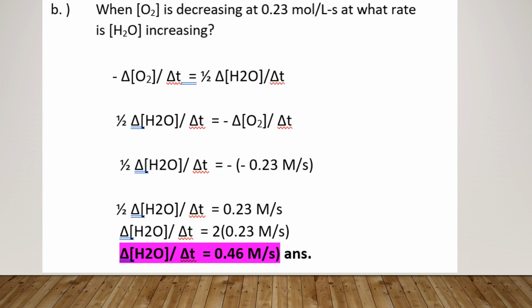We can then substitute the value for the change in concentration of O2 per unit time, and that is negative 0.23, because it is decreasing. So working out mathematically, we have a final answer equal to 0.46 molar per second.